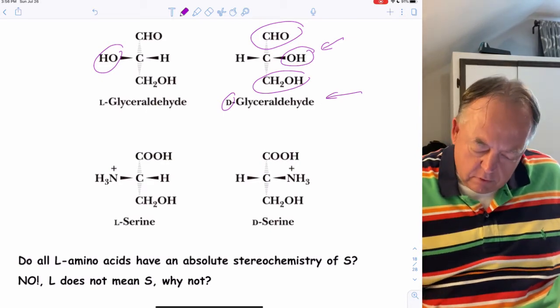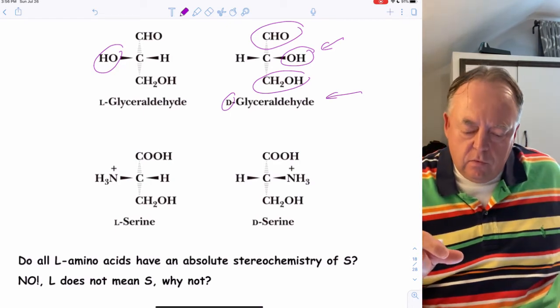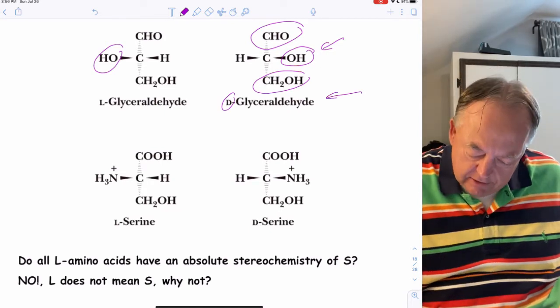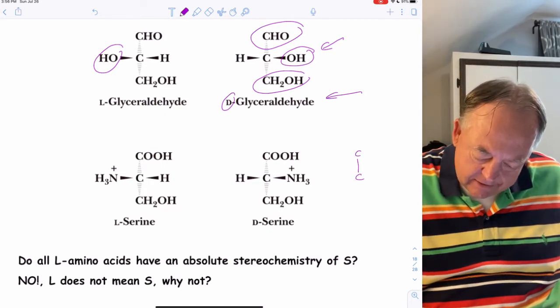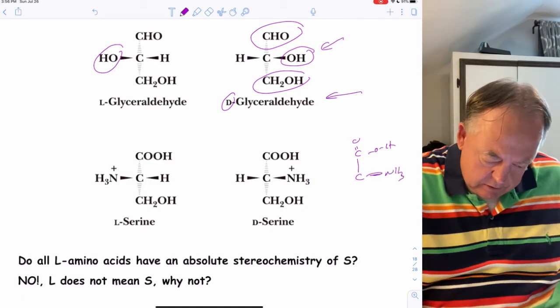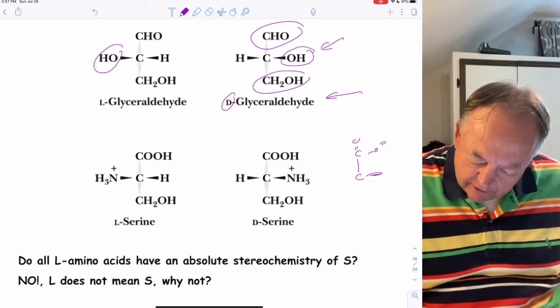The reason why is because the R and S system is based on atomic masses, right? So if we had this amino acid instead, we'll draw it up there as zwitterions, not that that matters, but just to be consistent.